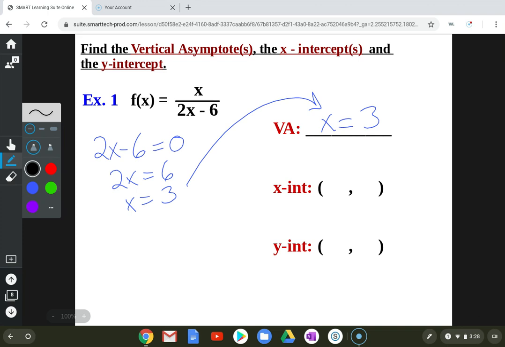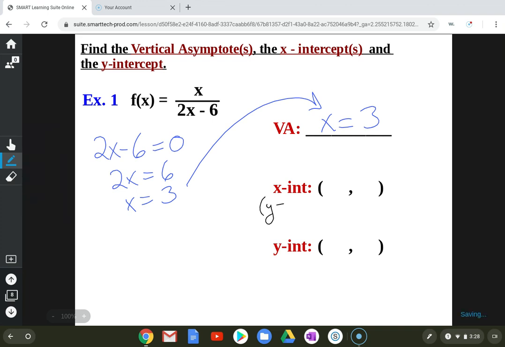X-intercepts are the x values where y equals 0, because they're on the x-axis, which is where your y values are 0. So you set your y equal to 0. Now what happens when we set y equal to 0 is if we were to cross multiply, this whole bottom just gets multiplied by 0. So it really just goes away.